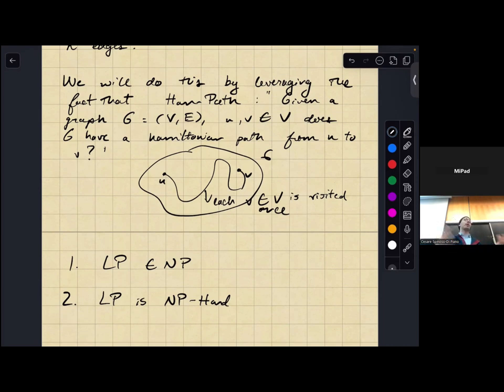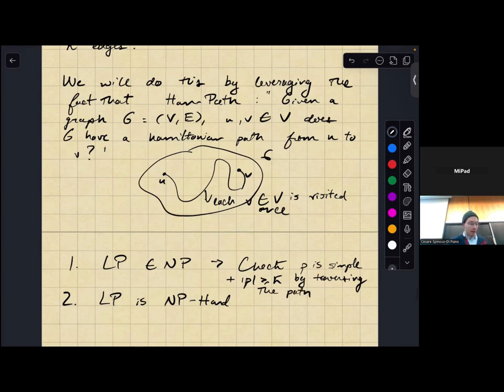If you're being super silly, that's something like K squared, or the length of the path P squared, in terms of runtime, because you're going through the path and checking that each vertex is not seen before, and then counting to see that the length is greater than or equal to K. So you check that P is simple and of length at least K by traversing the path. Great.